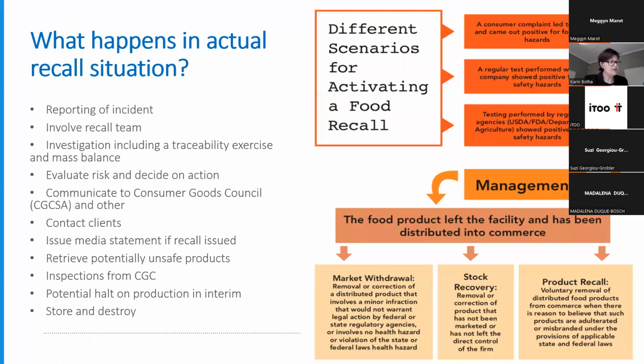Okay, so what actually happens in a recall situation? You can see all these graphs. There's a lot of different graphs available everywhere, but really what is sometimes happening is you don't estimate or expect the media to get involved so quickly.